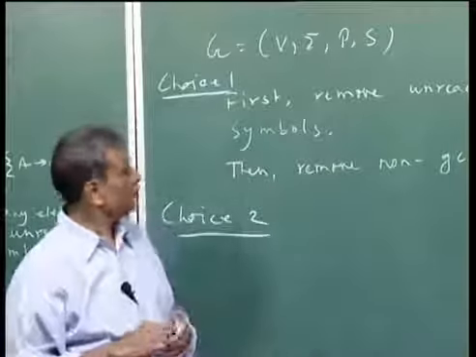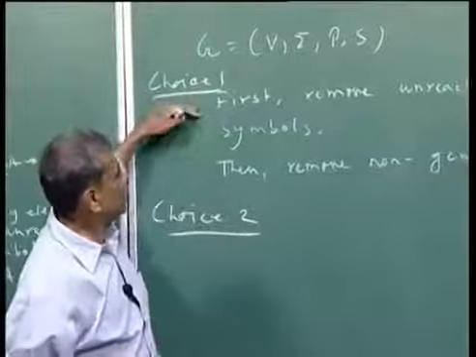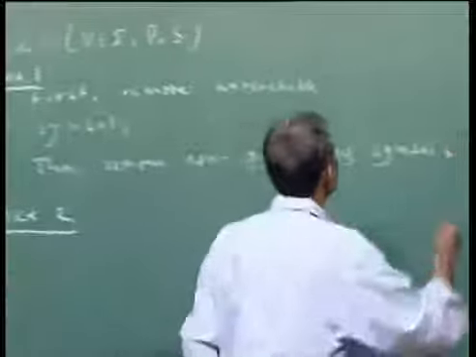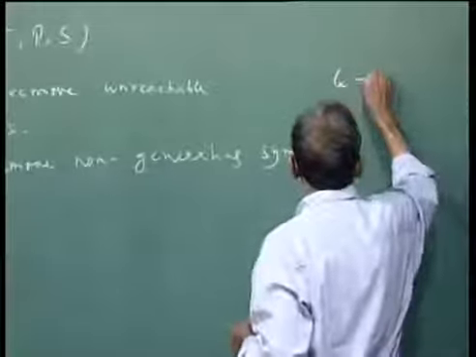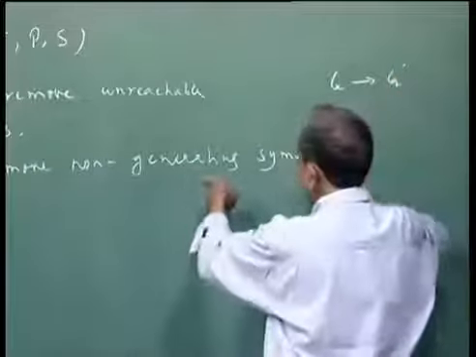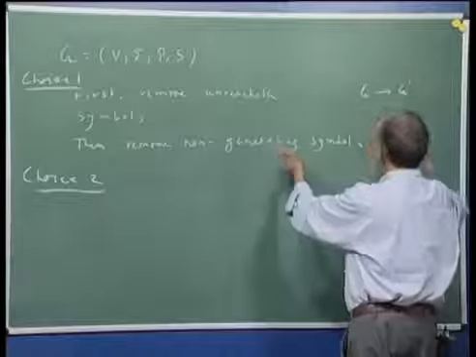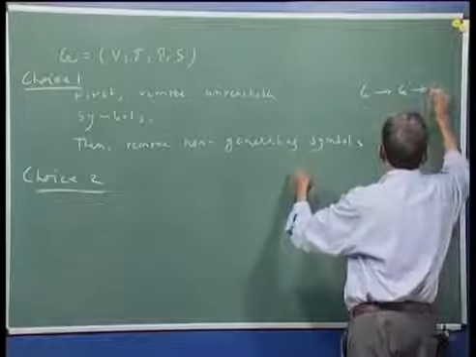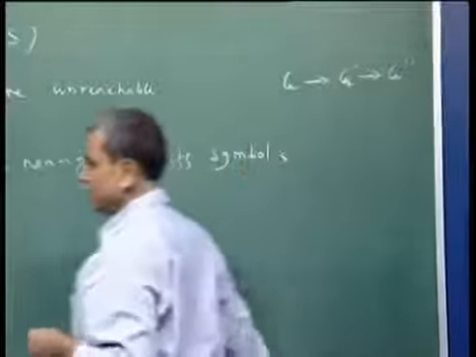So, is it clear what we are saying, that from G, after removing unreachable symbols, I get a grammar G dash, and then I remove, in this case in choice 1, all the non-generating symbols and maybe I get the new grammar G double dash.